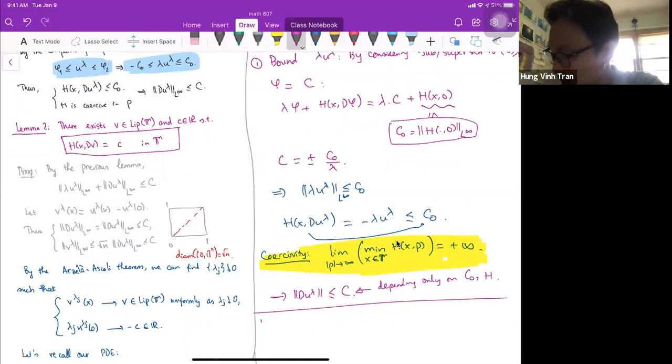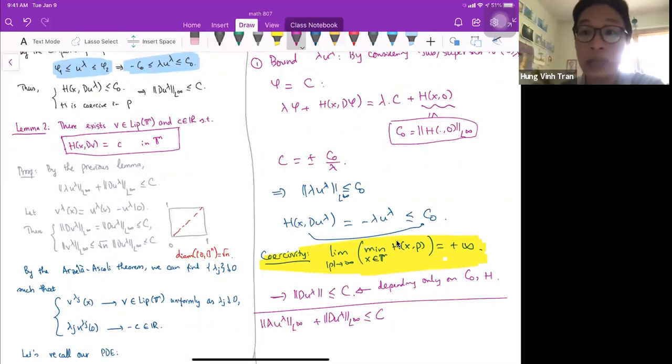So let me record here. We have lambda u lambda L infinity plus du lambda L infinity is less than or equal to C. And by the way, I'm also using strongly the compactness of the torus here. When the problem is not in a compact set, then this kind of result also doesn't hold.